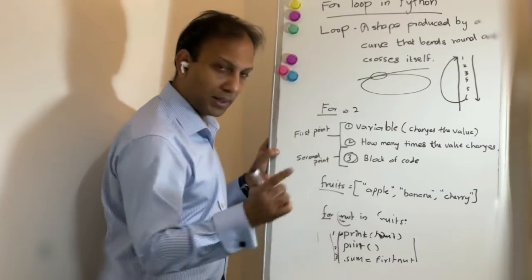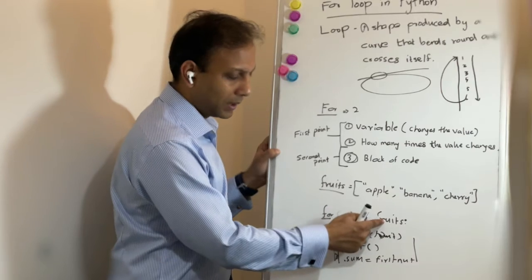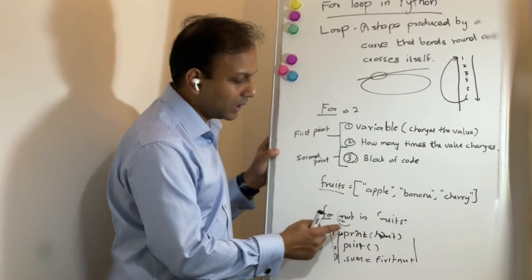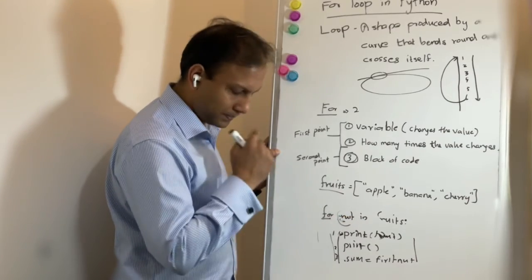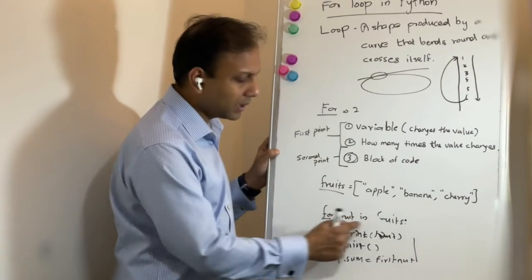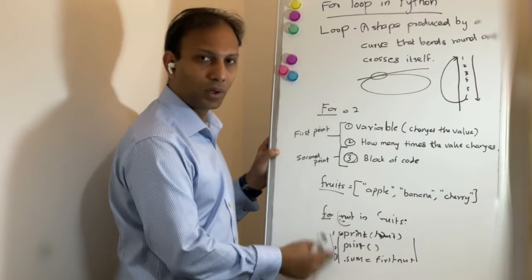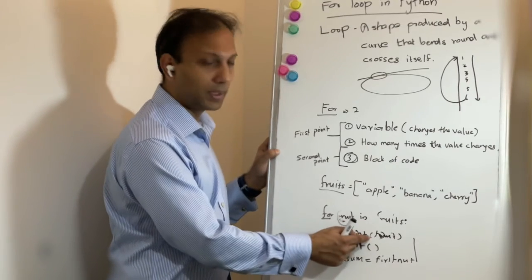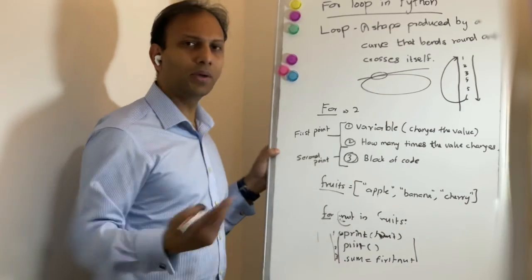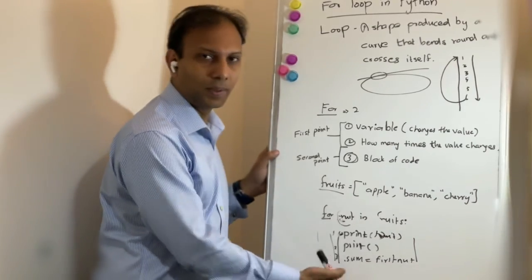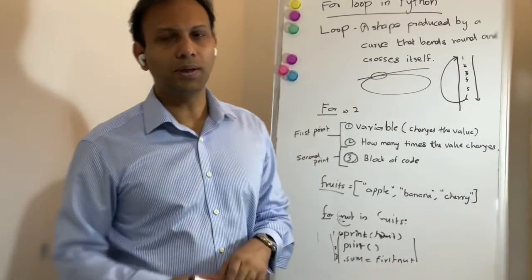So they are clear about the variable, the number of times it is getting executed, and what will be the value in each iteration, and then you can have a block of code. So it's not only that you can execute only one thing, but you can have multiple things running under this. And you can also ask, can we have another loop under it? Definitely yes. Okay, thank you very much.